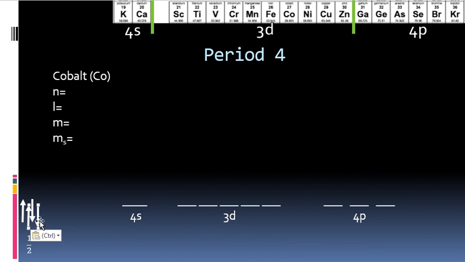The first 2 are going to be used to fill the 4s orbital, always. And now we're going to start filling up those remaining 7 d electrons. We're going to use those to fill the d orbitals, and essentially, we're going to fill each subshell with 1 first.